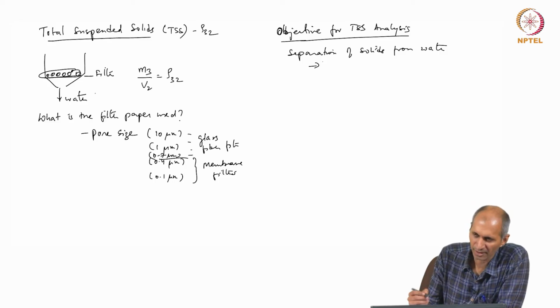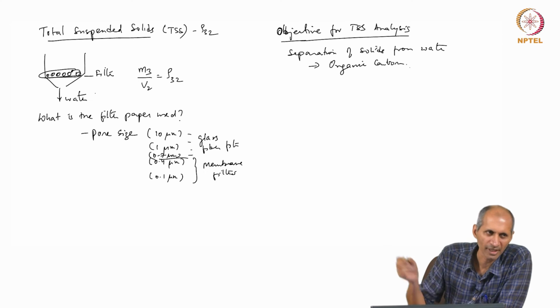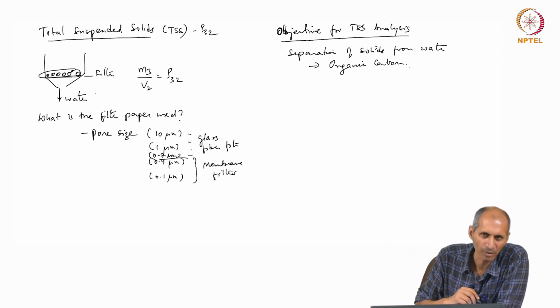If I am analyzing an organic chemical in the water, I would like to separate some component which will accumulate a lot of organic compounds. So, mainly I am interested in separating organic carbon for that purpose. But TSS does not differentiate between organic carbon and all that. TSS is suspended solids; it does not care. So, it is all particles from whatever size down to whatever size.